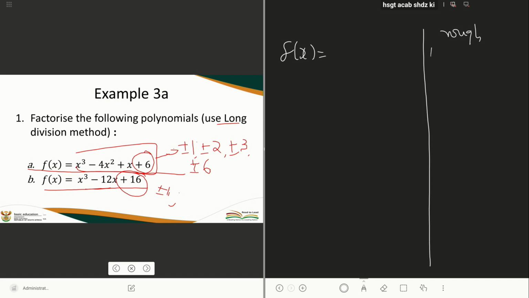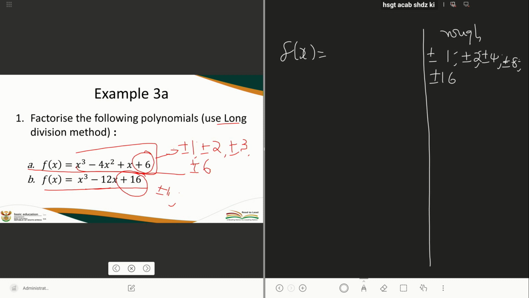We have plus or minus 1, plus minus 2, plus minus 4, plus minus 8. You can also write plus minus 16. Those are the possible factors of 16. But if you look at this polynomial, other terms are missing.